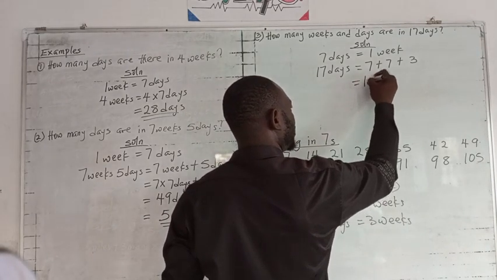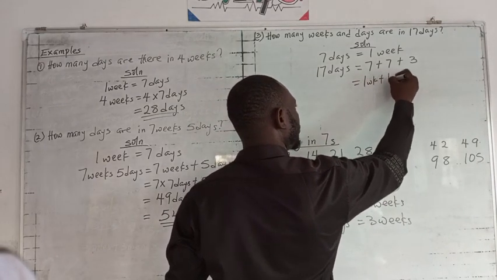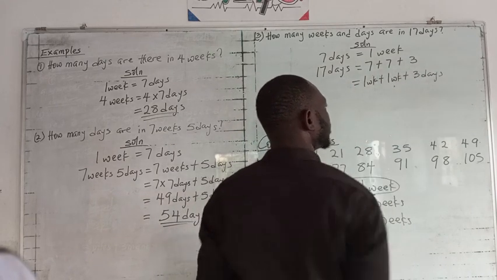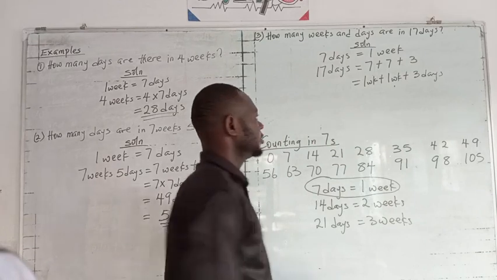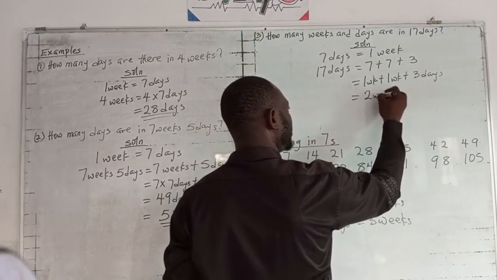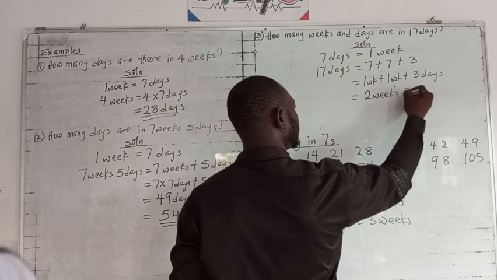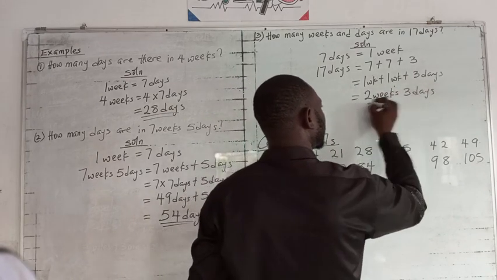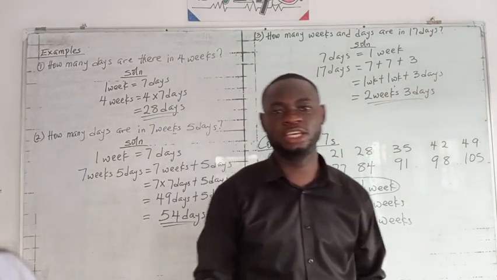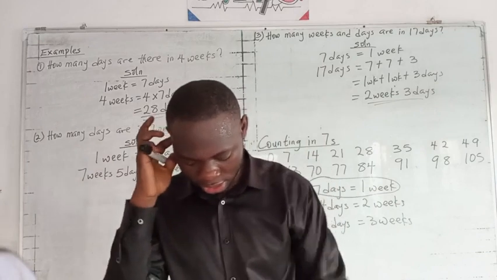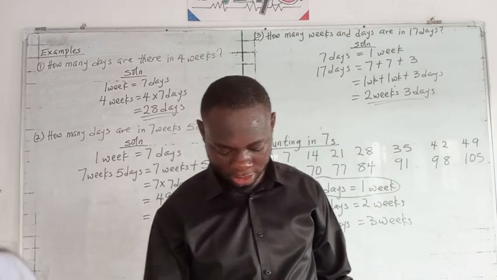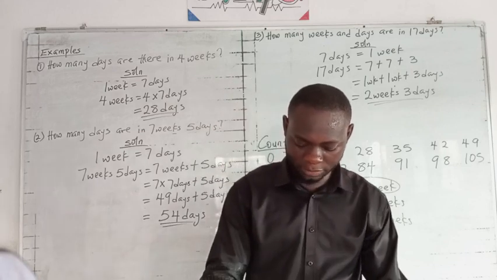What is this? 1 week plus 1 week plus 3 days. Because the 3 is not up to 7, right? Now, 1 week plus 1 week is what? 2 weeks, 3 days. So there are 2 weeks, 3 days in 17 days.